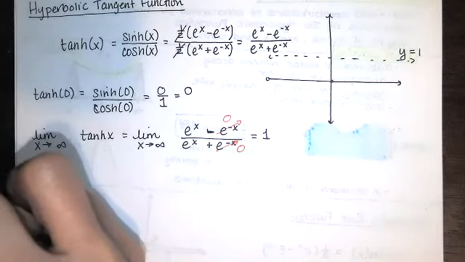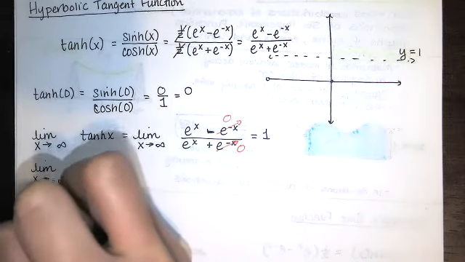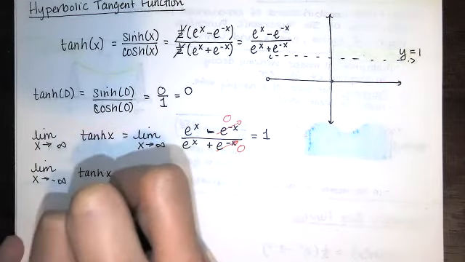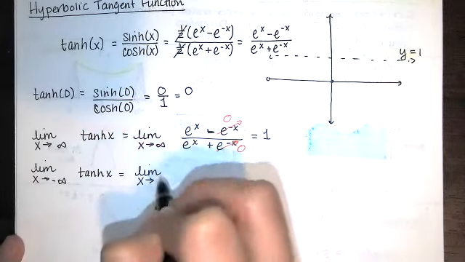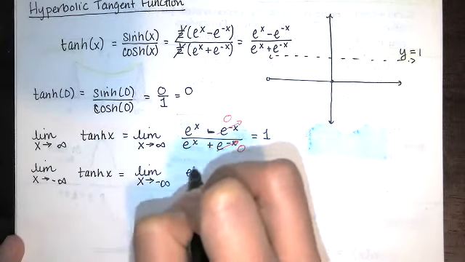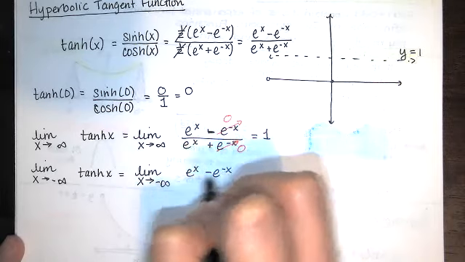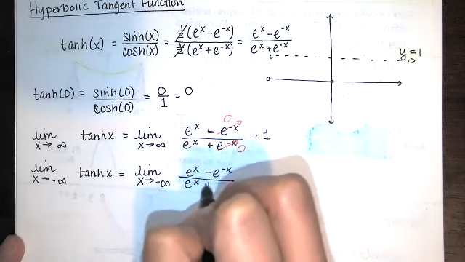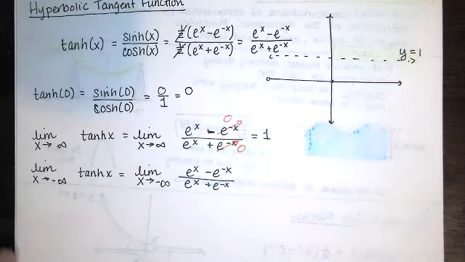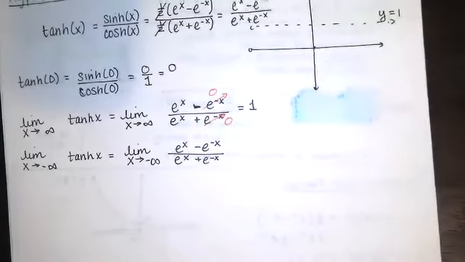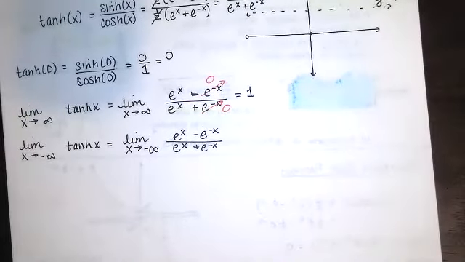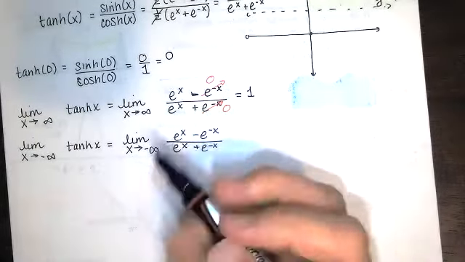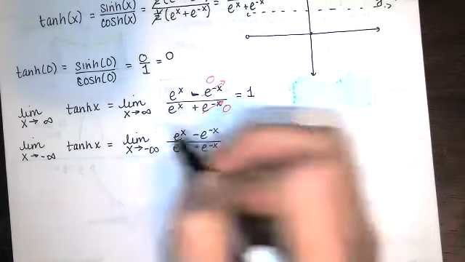Let's see what happens as x goes to negative infinity. As x goes to negative infinity, this is e to a large negative power.